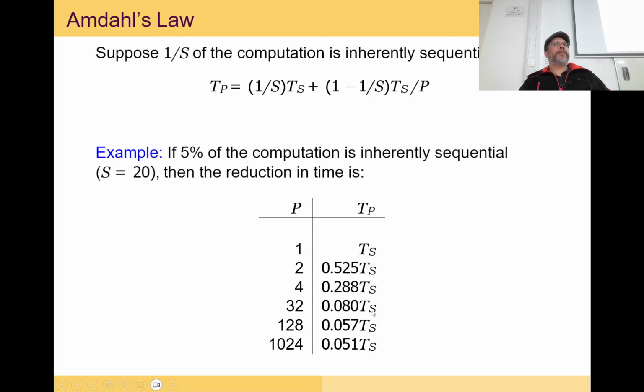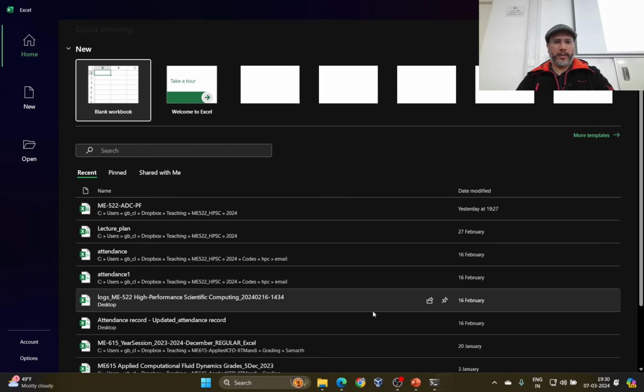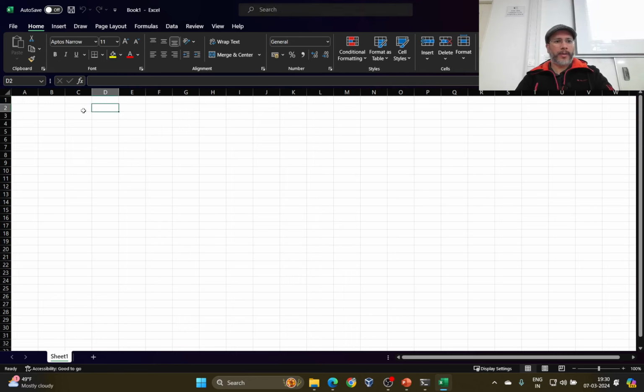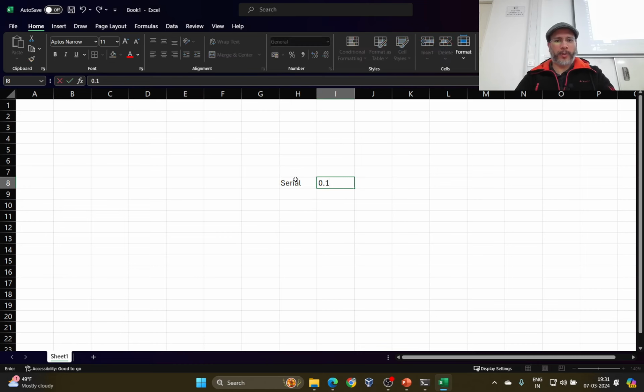So you do a quick calculation in Excel. Do it. So you put the value of, zoom it in. So I'll say serial is 0.1 and then parallel is 1 minus 0.1, so that's 1 minus this.